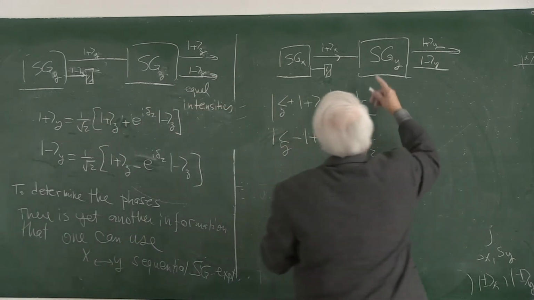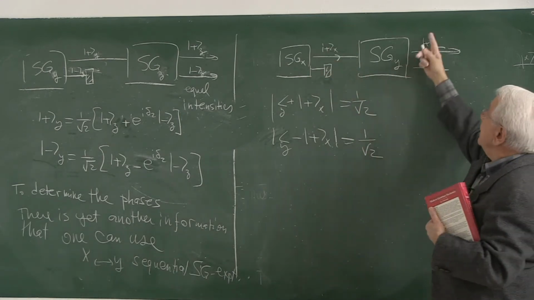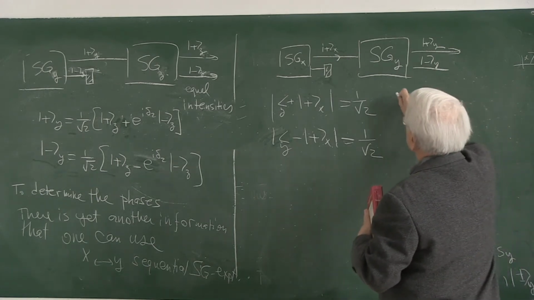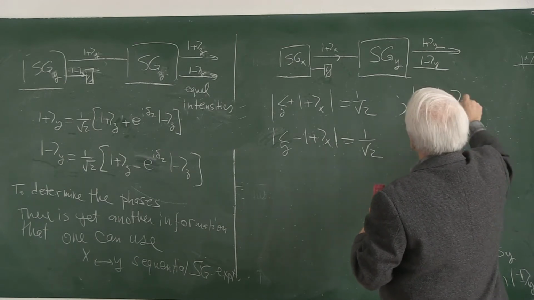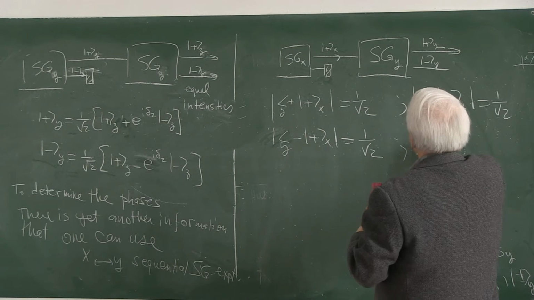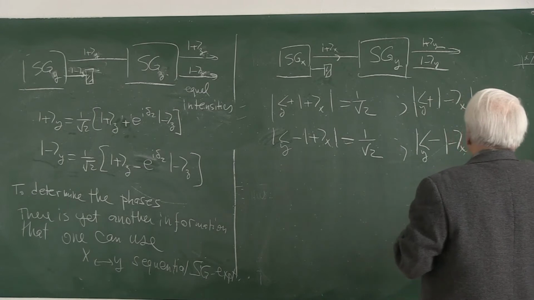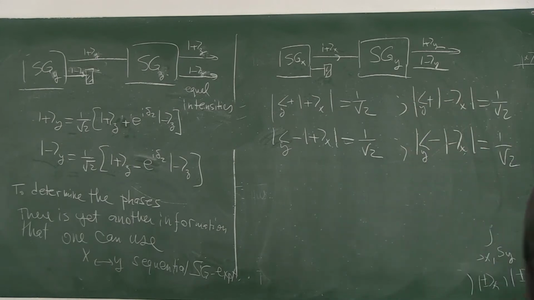What about the other one? If I now block this and let the minus one go through, still I will get the equal intensity plus y and minus y. Then it will be the following. I have further plus y from minus x is 1/√2, minus y from minus x should be 1/√2. Because the magnitude squares are 50% in each. Therefore, if I take the square root, I will have the magnitudes.